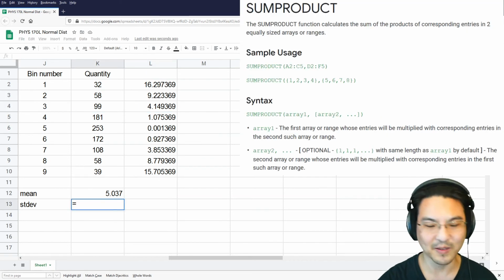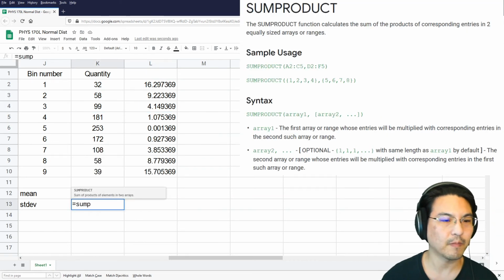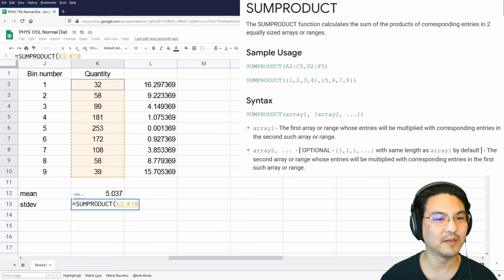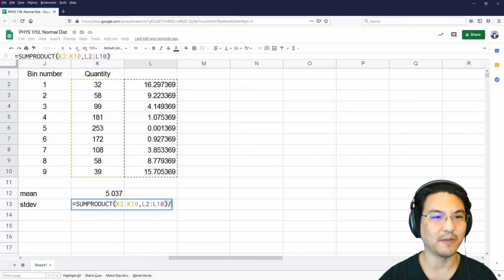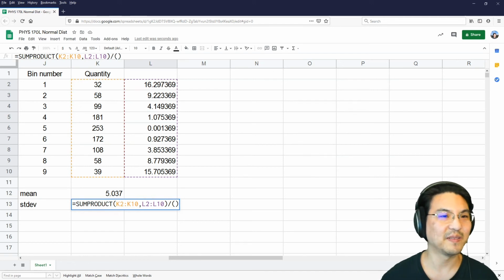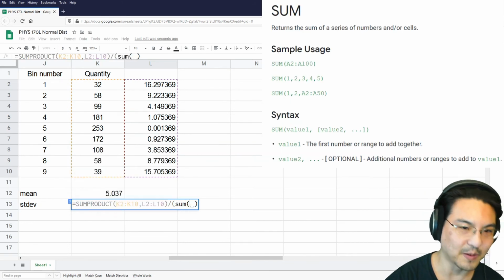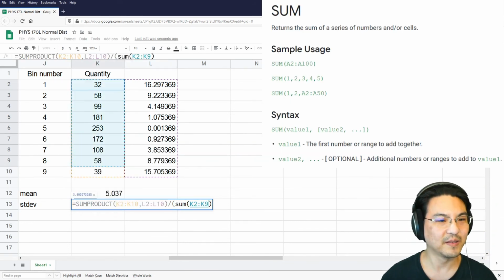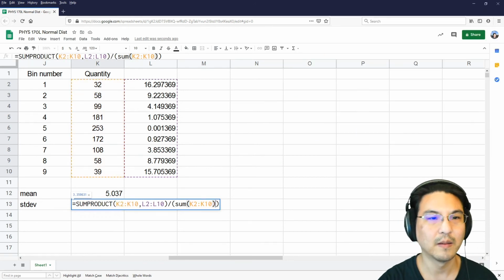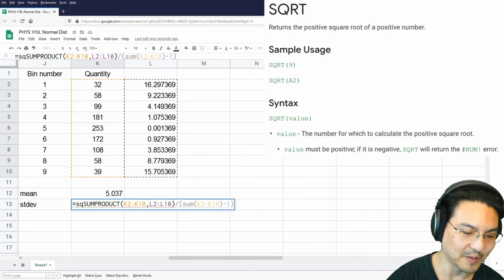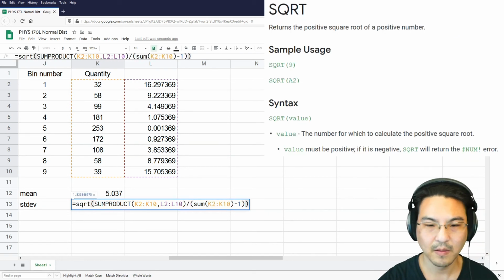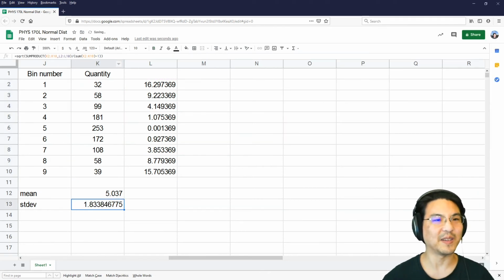So that's the sum product of this, comma, this, and then divided by n minus 1. So n would be the sum of this, minus 1, and then square root the whole thing, sqrt. Okay, so there's the standard deviation.